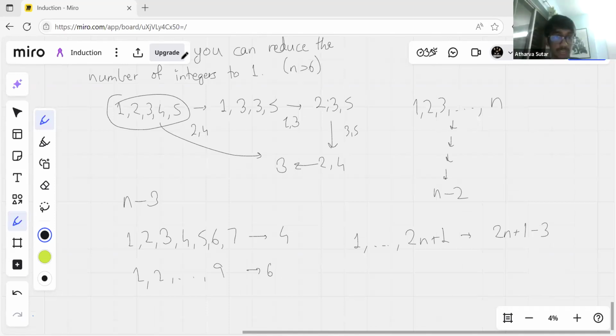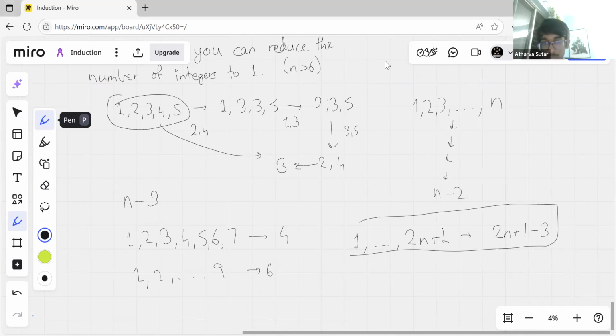So what do you guys think we should end up with now? Just at 2n plus 2. Yeah, perfect. If you have this statement proved, and you have the numbers 1, 2, blah, blah, blah, 2n plus 2, then you can reduce this configuration to 2n plus 1 minus 3 and 2n plus 2.